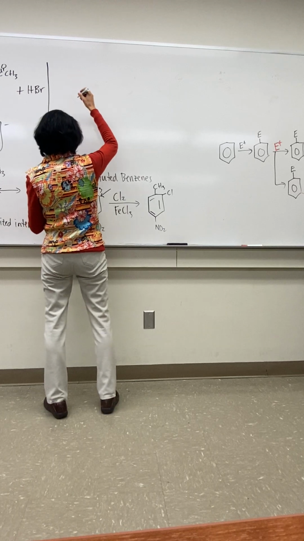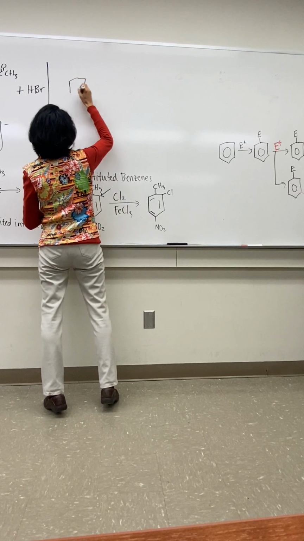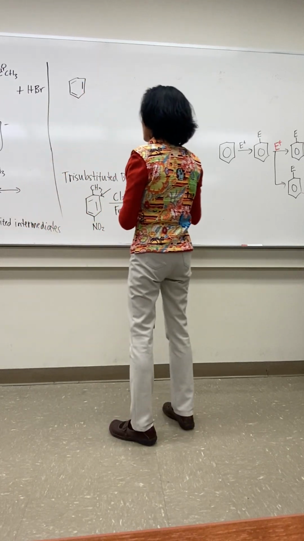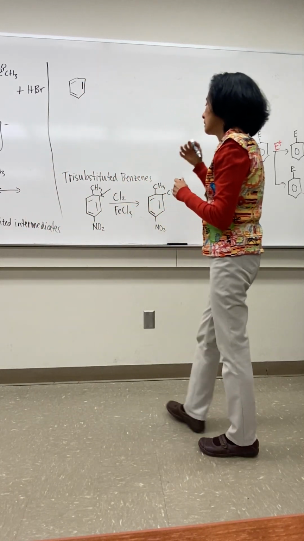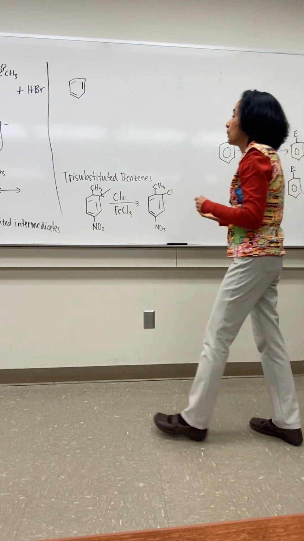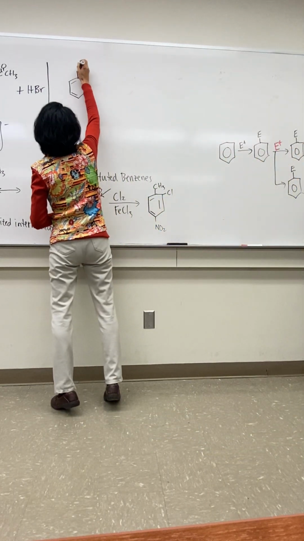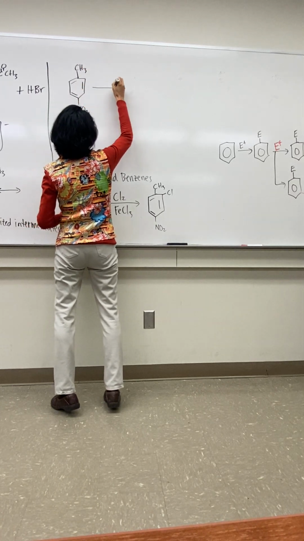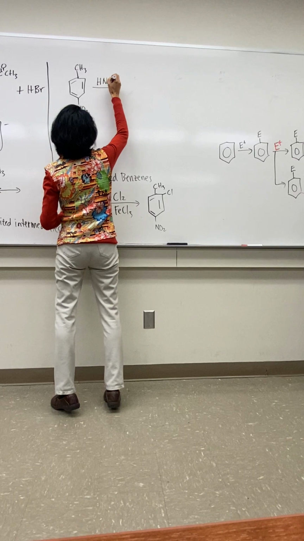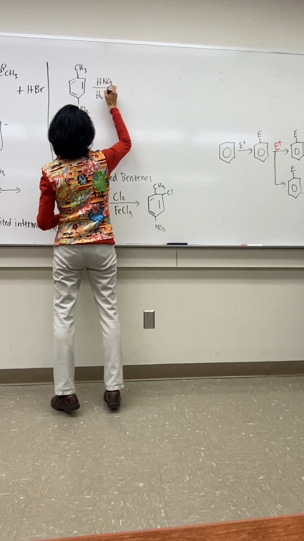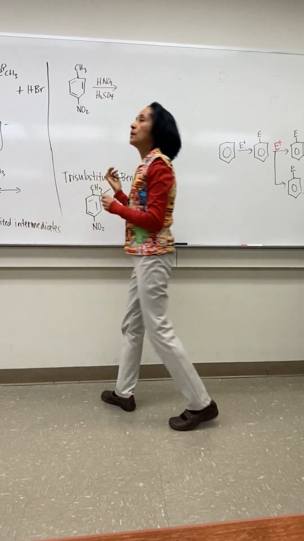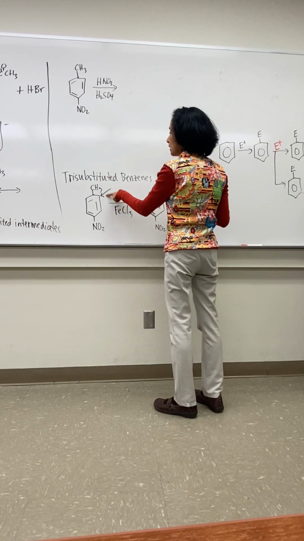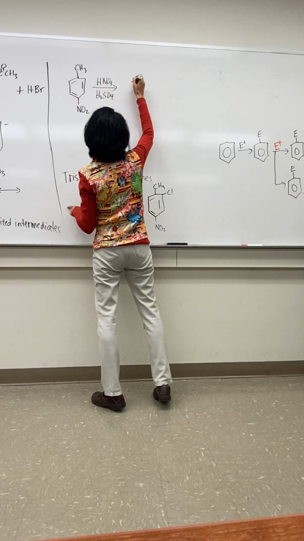So now if I start with the same molecule, I'm not asking you for a mechanism, I'm just asking you to write the product, where is it going to go, right? Okay, so CH3 and then NO2. And then I do nitration. So nitration is HNO3 and then H2SO4. Okay, so the same effect. The NO2 is going to go in here, right?